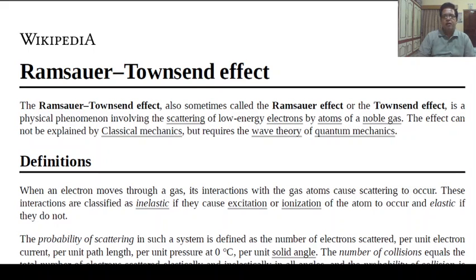Again, I suggest that a Wikipedia article is not always good and not always accurate.